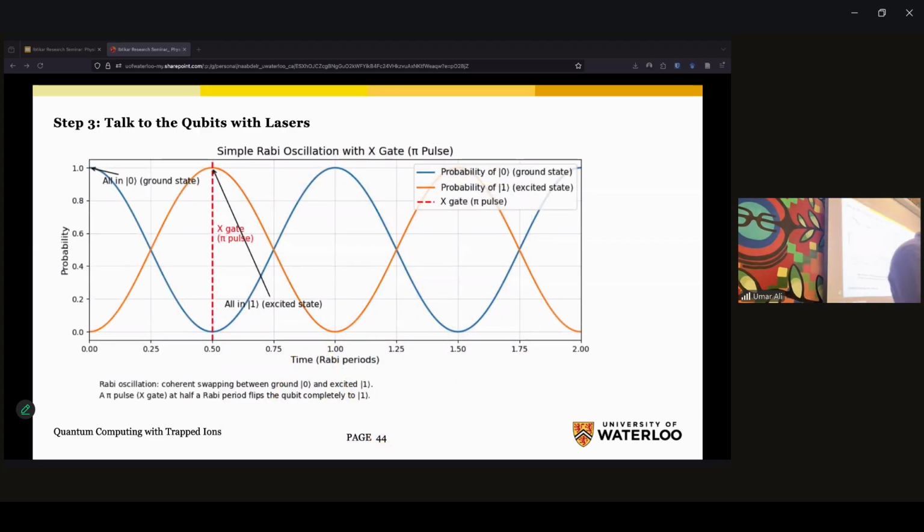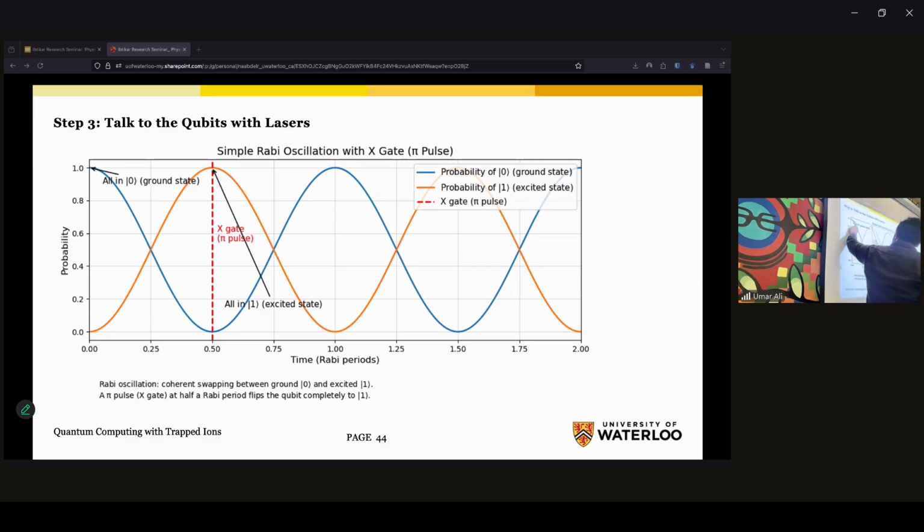So how exactly would we like to think about doing computing? The simplest thing we can do is a NOT gate, or an X gate in physics. The NOT gate just takes 1 and makes it 0. The way we can do it: let's suppose our atoms all start at 0.